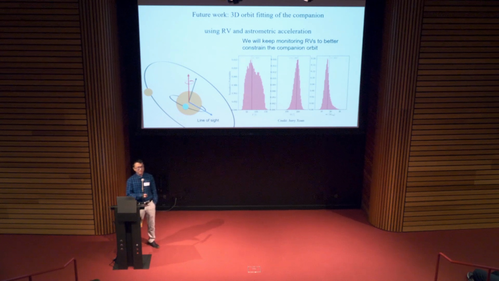Once you know that, you would know if the outer planet and the inner hot Jupiter are misaligned or not, which is a very interesting probe of dynamics as well. At the moment, there is not a great constraint on the inclination of the outer companion, but so far it's consistent with being 90, which means it's consistent with being aligned to the hot Jupiter. But future RVs could help improve this a little bit.